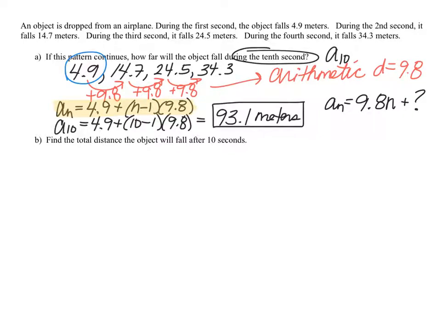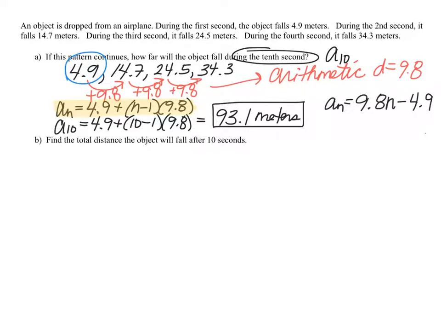In other words, I want to plug in 1 for n, so 9.8 times 1. And then what number do I either need to add or subtract here so that I get 4.9 as my first term? And in this case, you can see we actually need to subtract. We would need to subtract 4.9 to make this work. So this tells me that my general formula would be 9.8n minus 4.9.